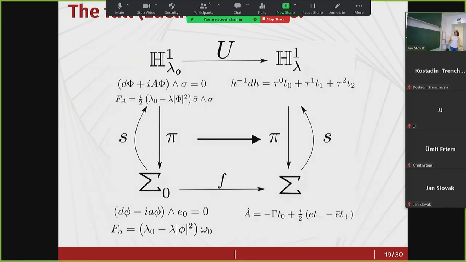And this is the picture that I promised. I hope that this picture is a summary of all the things that I mentioned before. So if you remember, the first part of what I was talking about was at this level.